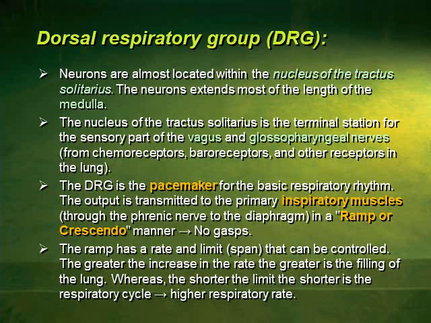The output from this group is transmitted to the primary inspiratory muscles through the phrenic nerve to the diaphragm in a ramp or a crescendo manner. Let me explain what is meant by ramp or crescendo manner.